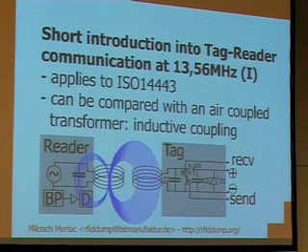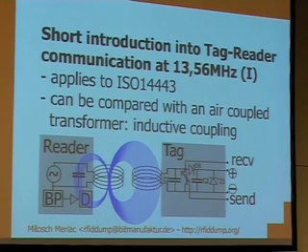The question is how does the tag send its data back to the reader? A common misunderstanding of RFIDs is that the RFID chip sends the data actively like a radio transmitter. This is not true. You see the MOSFET below R on the tag side, and this is used to introduce some sort of shortage.